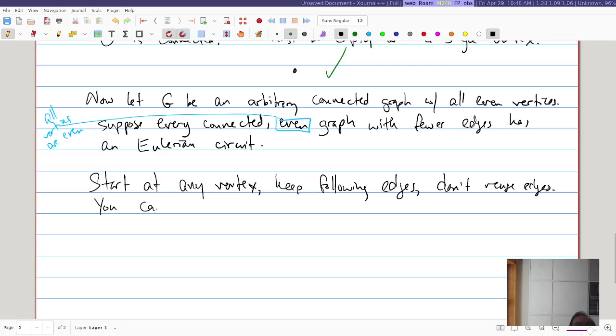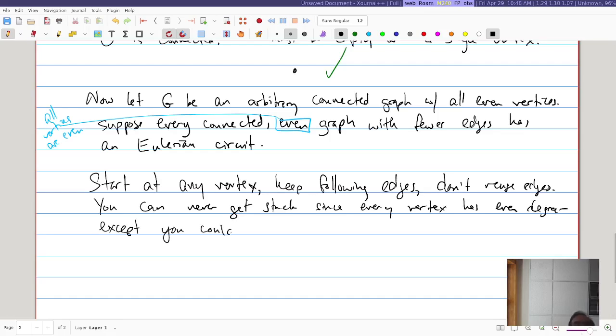You can never get stuck, since every vertex has even degree, except you could get stuck at the starting vertex.